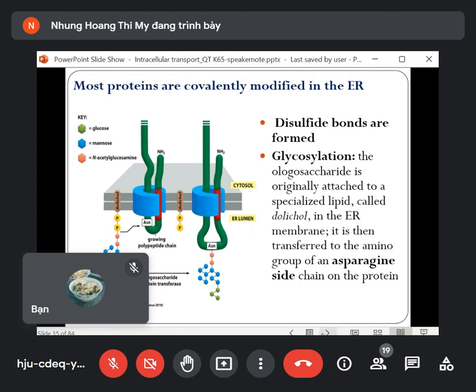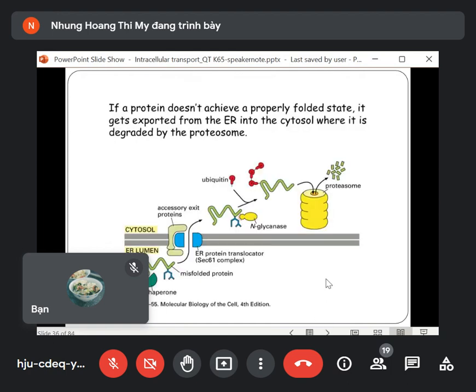For the next transport, if the protein needs to be transported to the other organelle, they need the third pathway of protein transport called vesicular transport.